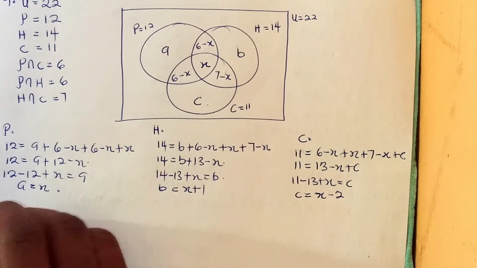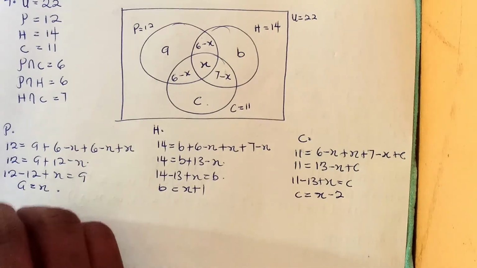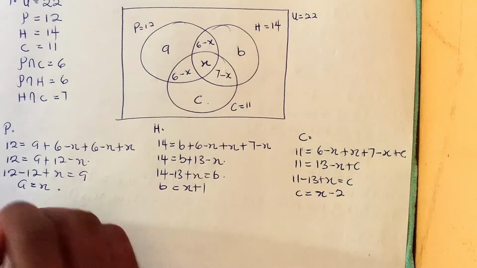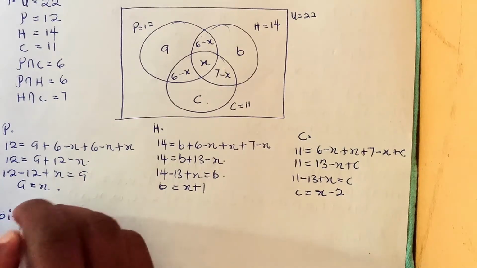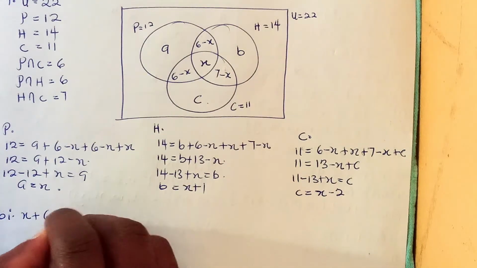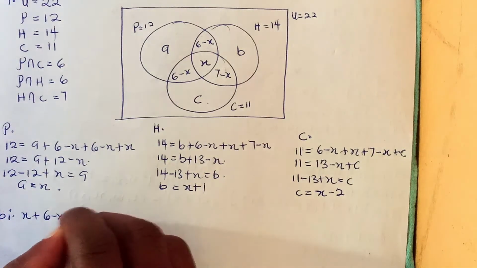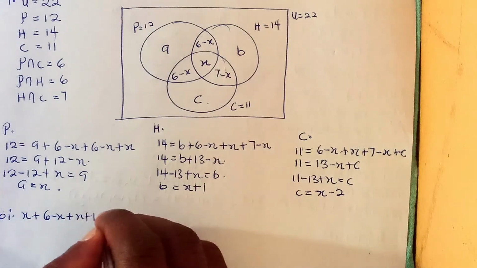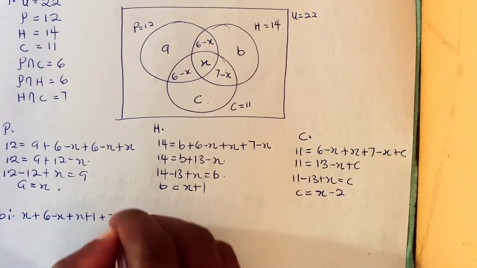So let's start with the A. A is x. So x plus 6 minus x. B is x plus 1. Then we move on to plus 7 minus x.